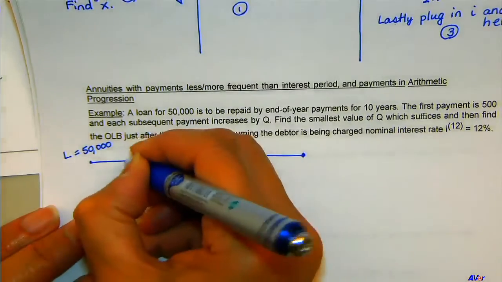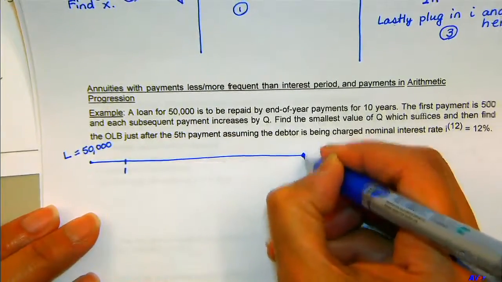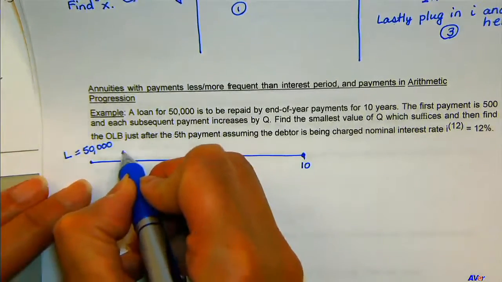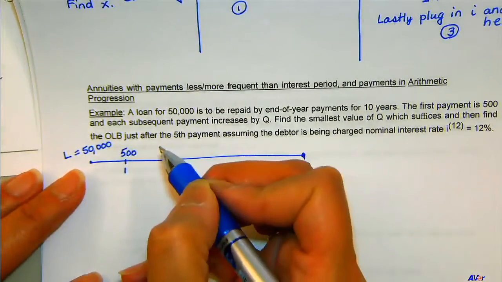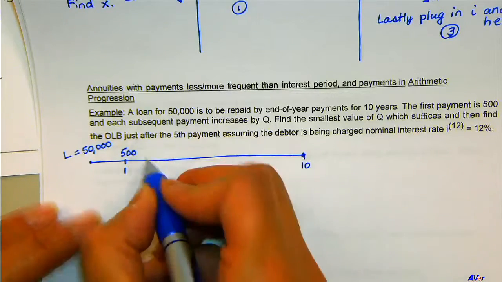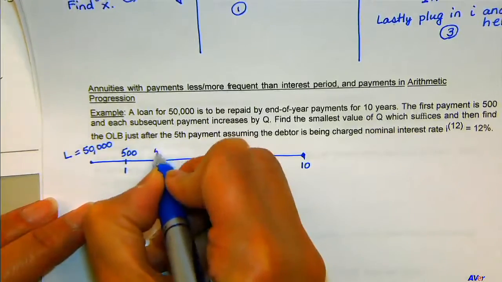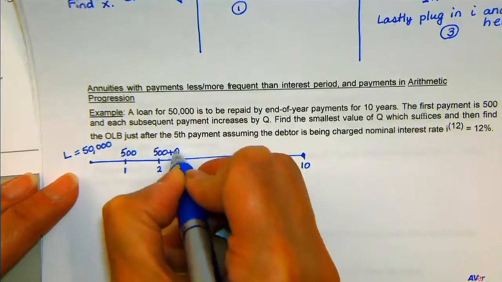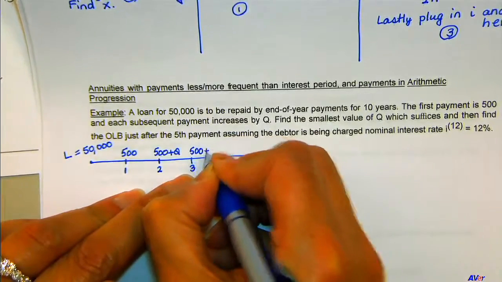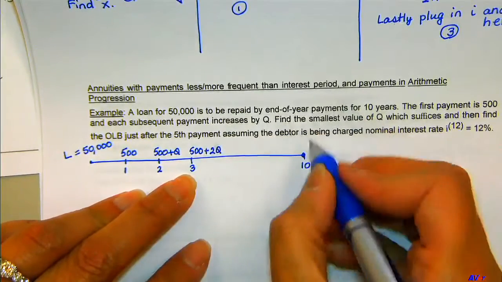So first payment at time 1 and last payment at time 10. The first payment is $500. And each subsequent payment increases by Q. So the next payment at time 2 will be 500 plus Q. The third one would be 500 plus 2Q.